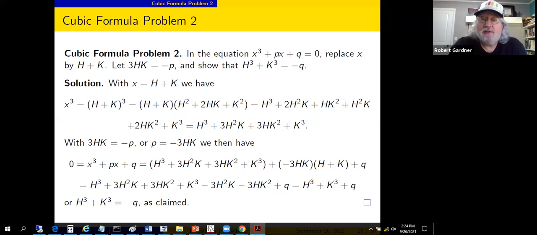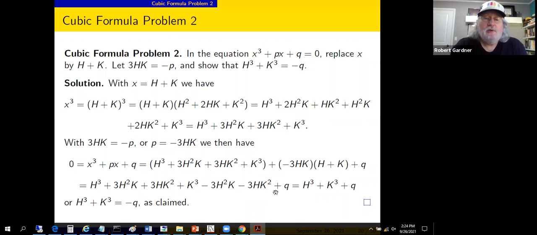Let's multiply out and see what happens. All right, so we'll simply copy this back down. Here it is with the parentheses gone, distribute here. Negative 3hk times h, negative 3h squared k. Negative 3hk times k, negative 3hk squared. And then the q comes along for the ride from here.